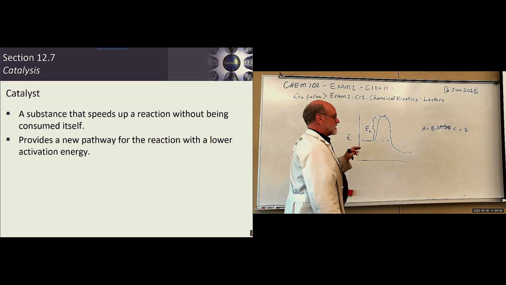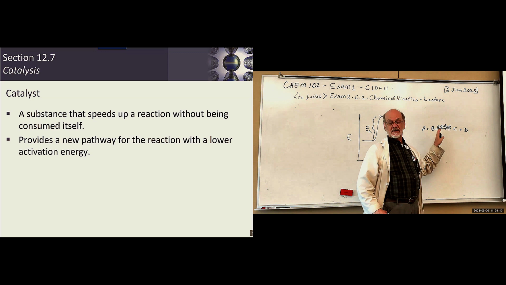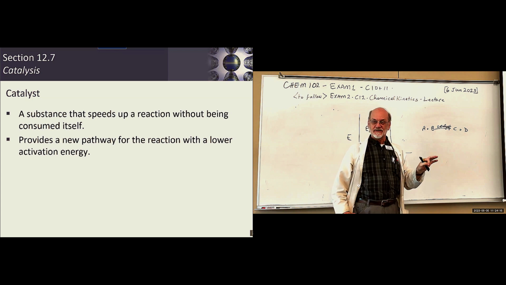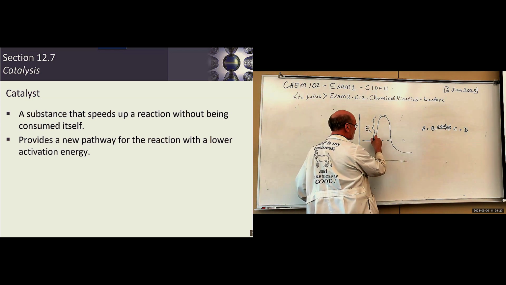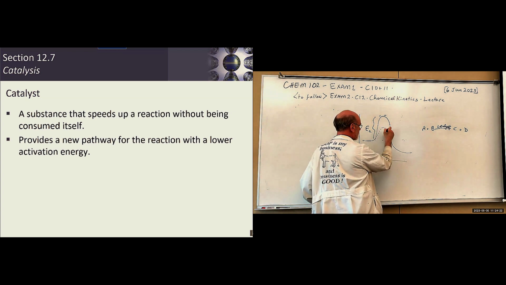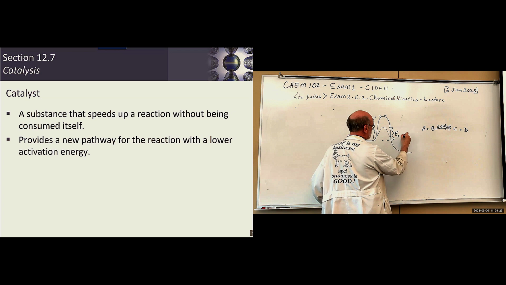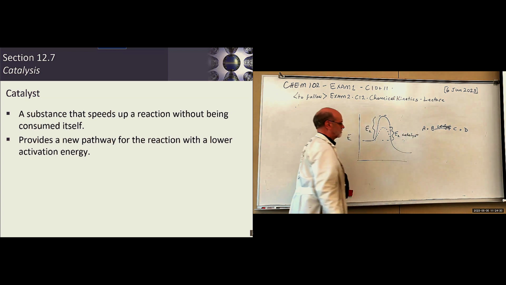What it does is it provides an alternate mechanism for the reaction, different elementary steps that happen faster. And the overall effect is that with a catalyst, that activation energy is lowered.